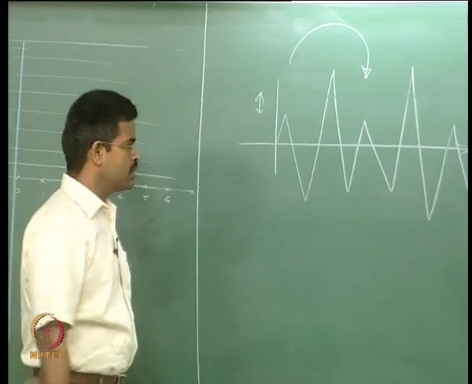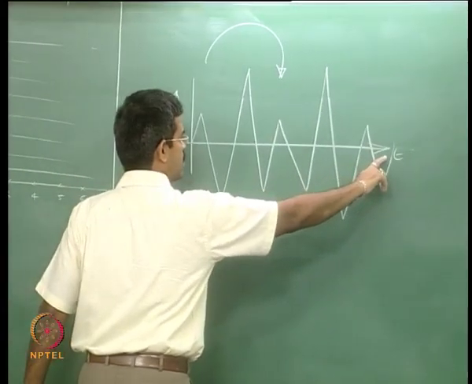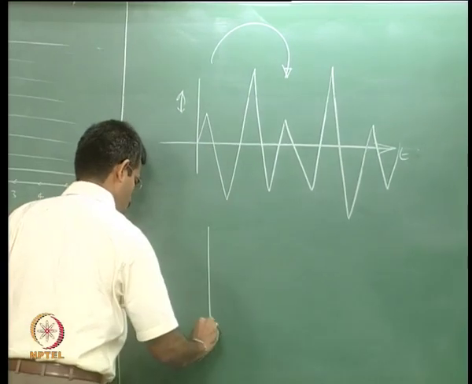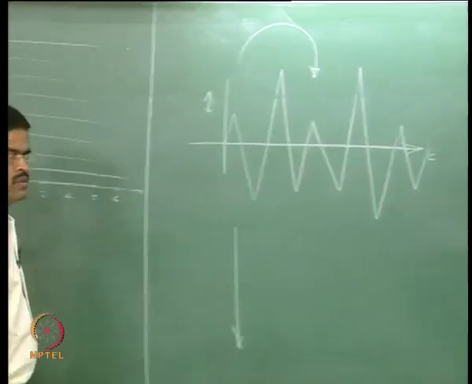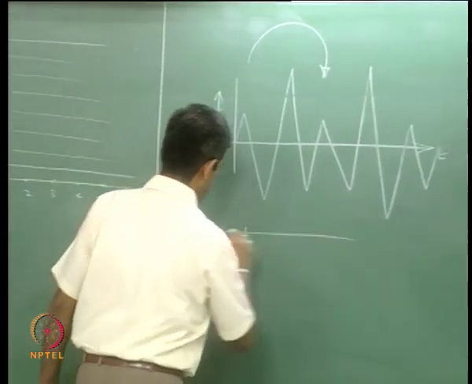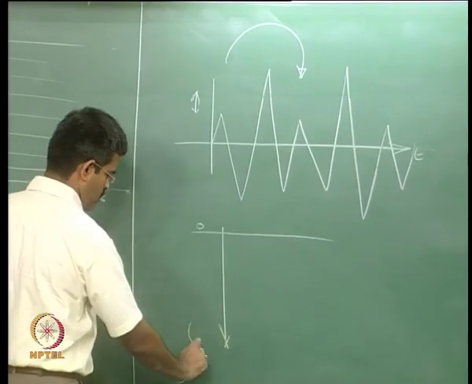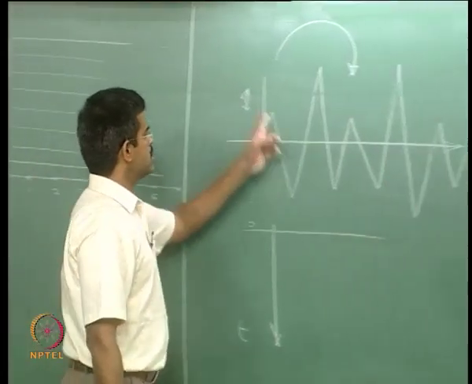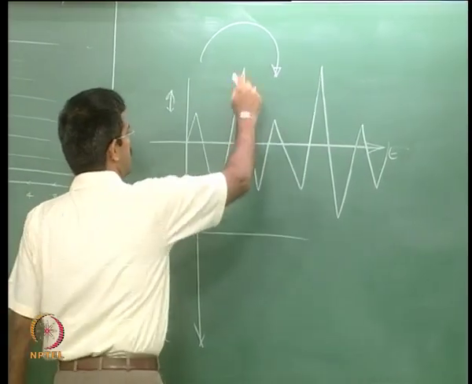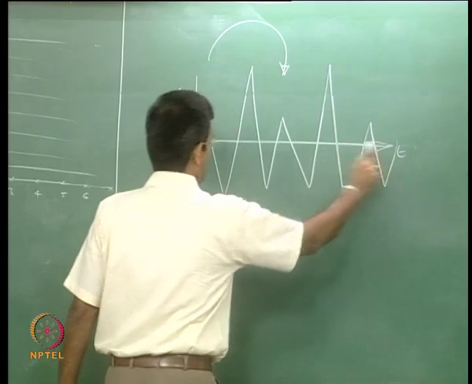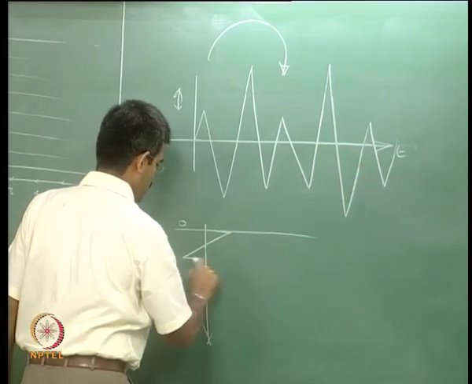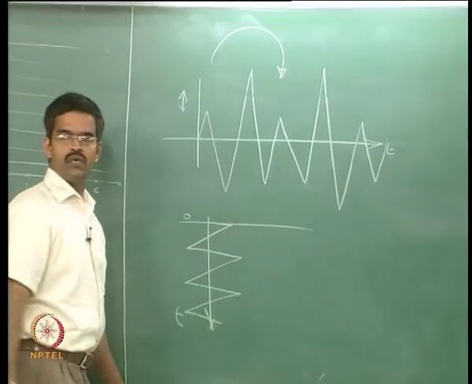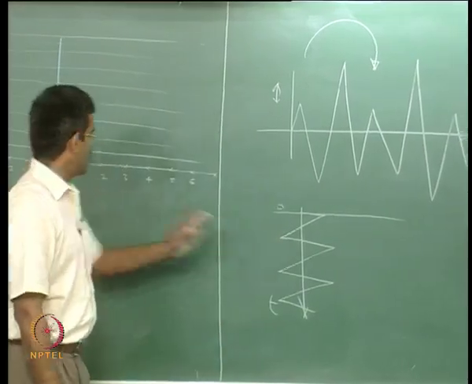So I get this time axis going positive downwards. Zero will start somewhere here and keep on going downwards. This is going to be my time, and all these peaks and valleys with respect to time will now appear like this. Is it clear? That is what I am trying to draw here.